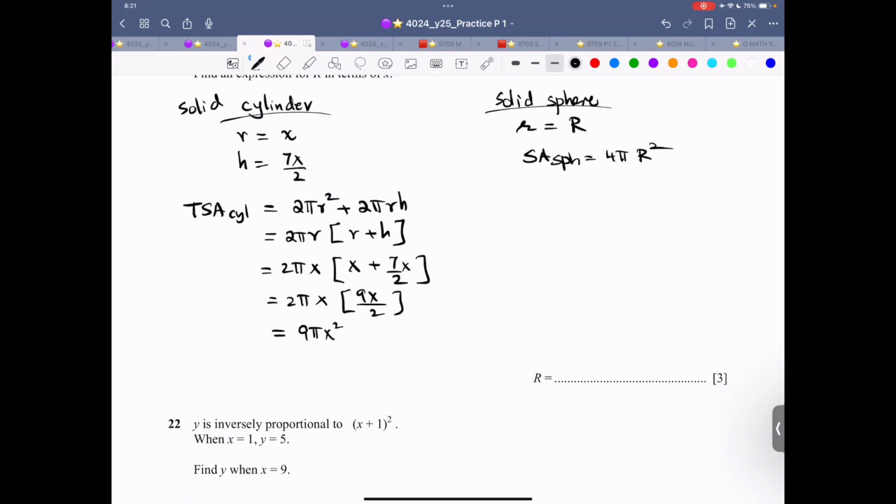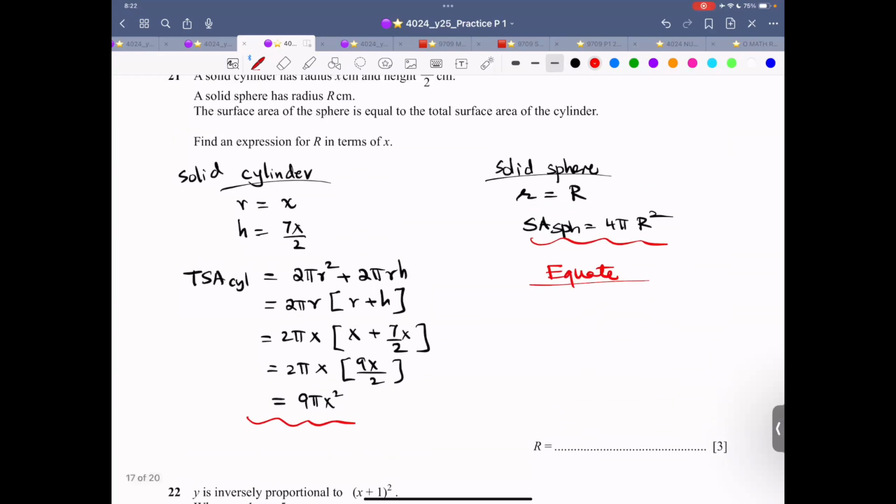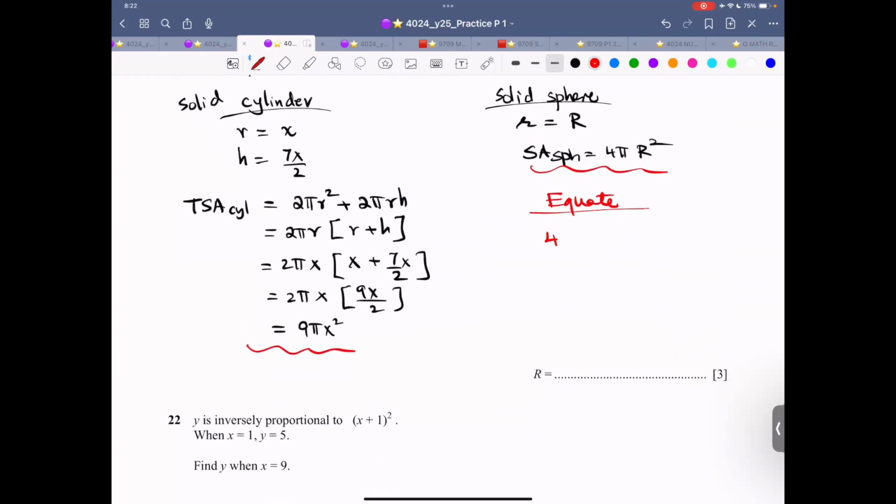Yes. So now what do we do? We take this thing and equate. There is the relationship: simply equate. They want capital R in terms of x. 4 pi capital R squared is 9 pi x squared. Cancel the pi's, the very first thing.